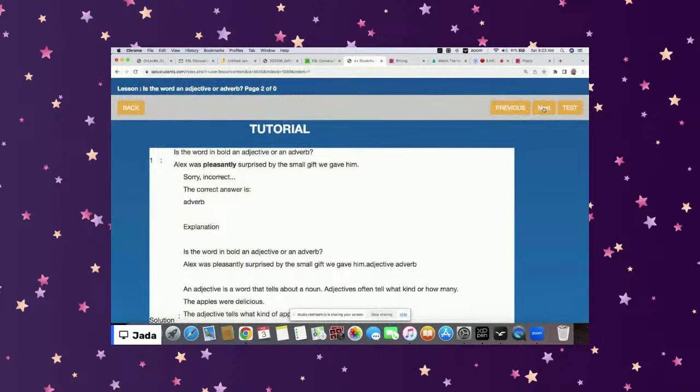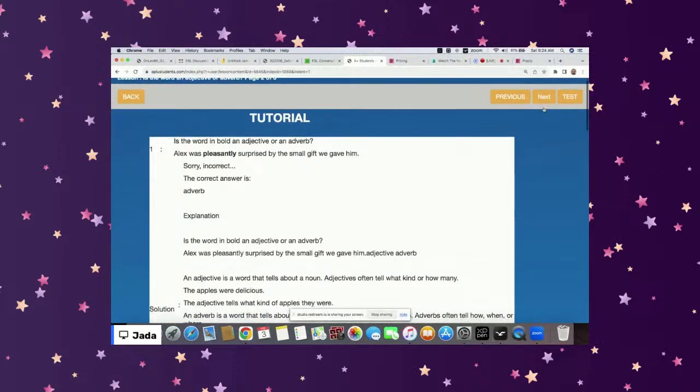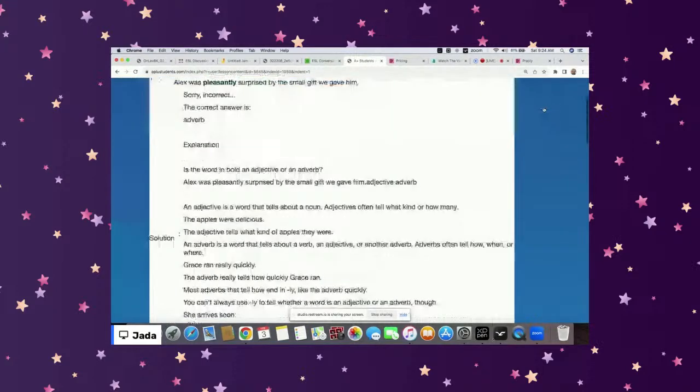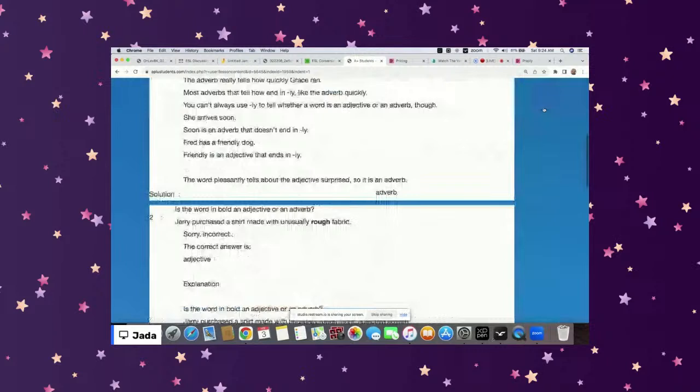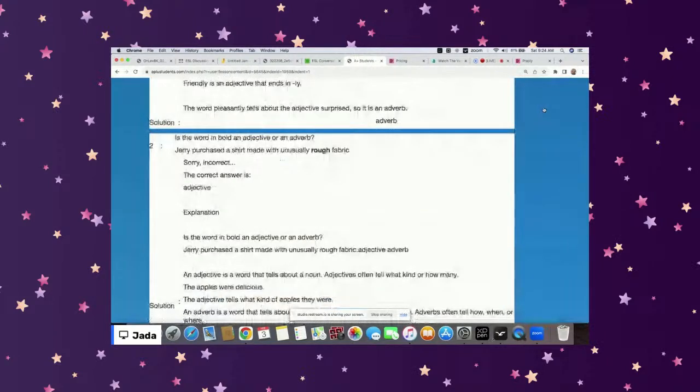And then we have, Alex was pleasantly surprised by the small gift we gave him. Pleasantly, that's an adverb telling you more about the verb. Okay. Then, Jerry purchased a shirt made with unusually rough fabric.